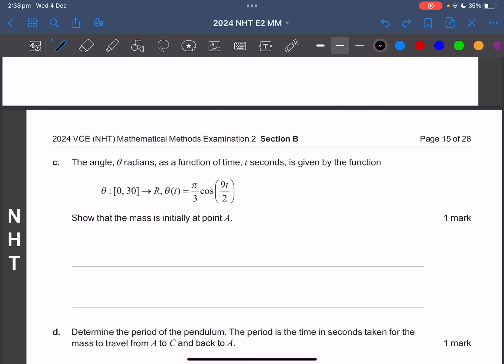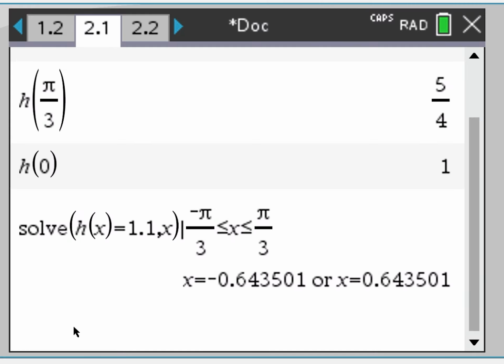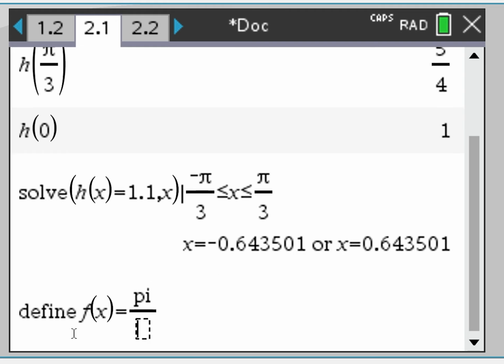So let us define the theta function first. I'm going to define it as f of x. Define f of x equals to pi on 3 times cosine of 9 times x on 2.